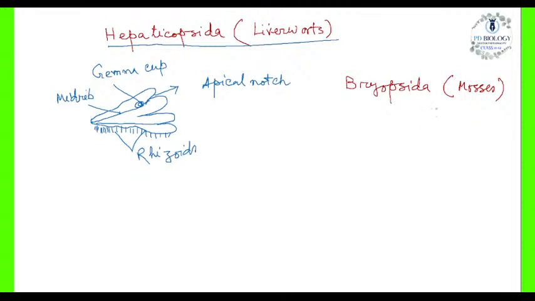In the Bryopsida, the foliose bryophytes having radial symmetry, they have multicellular rhizoids, oblique seta and branched filamentous.